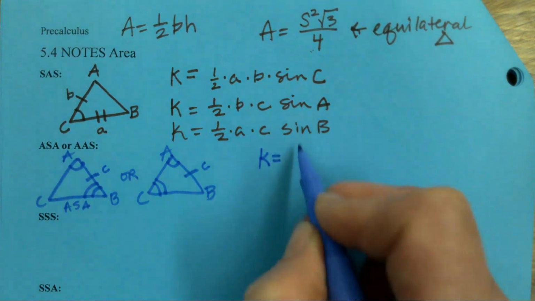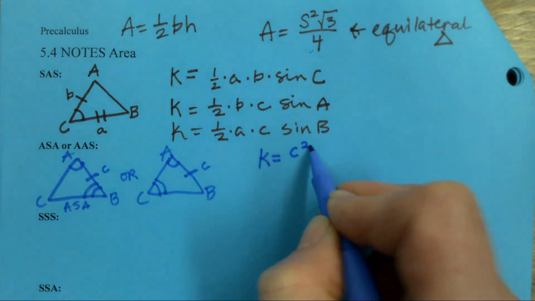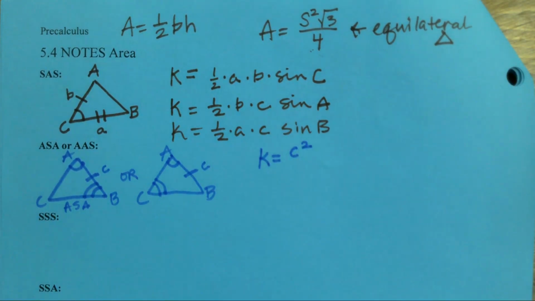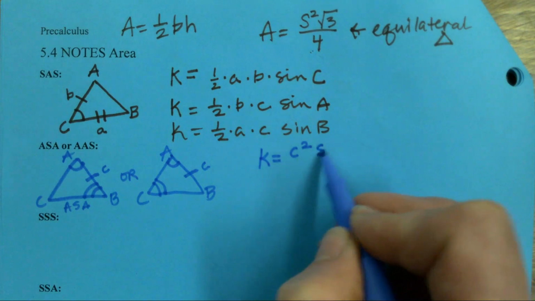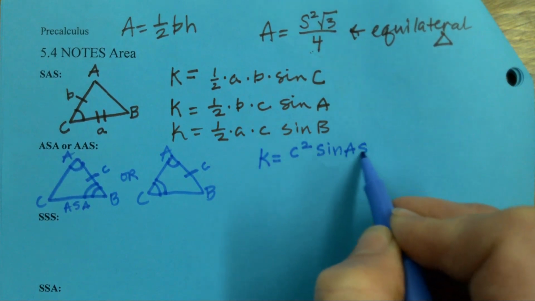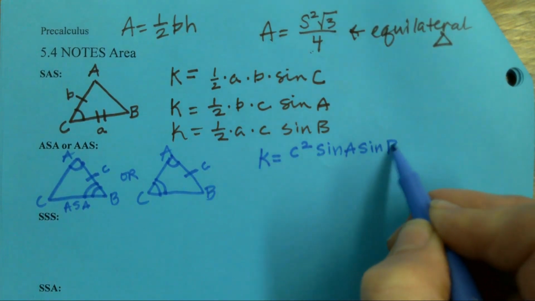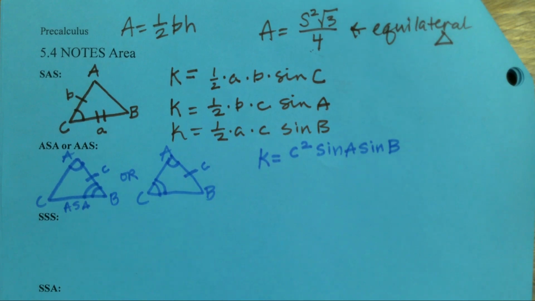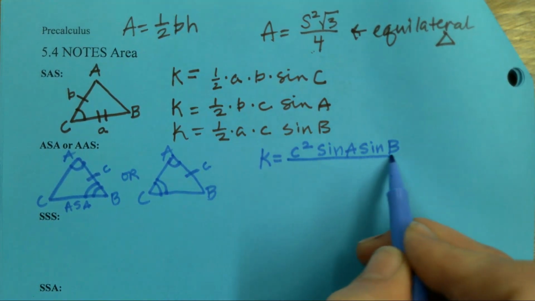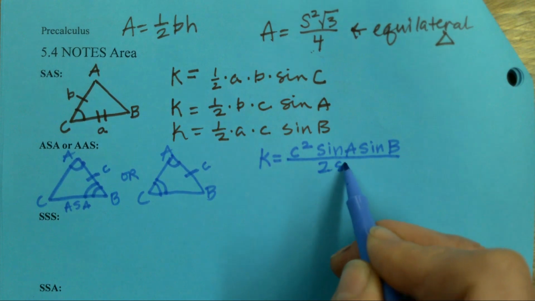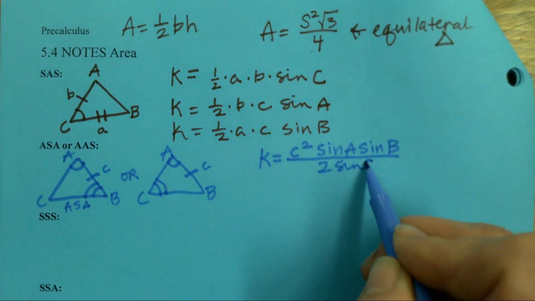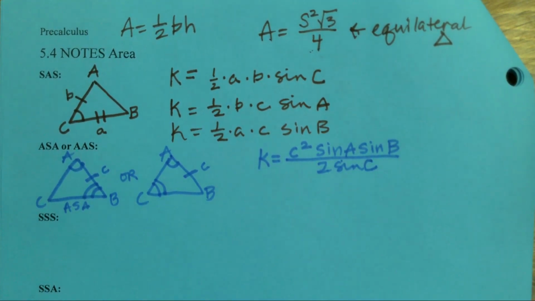It is the side I know squared times the sine of the other angles, not the one across from it, divided by 2 times the sine of the third angle, or the angle that is across from the angle that I'm given.